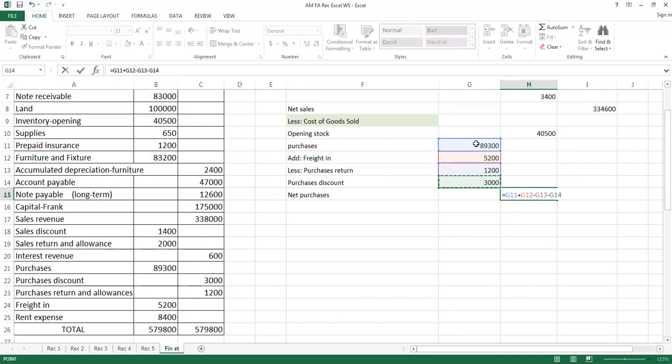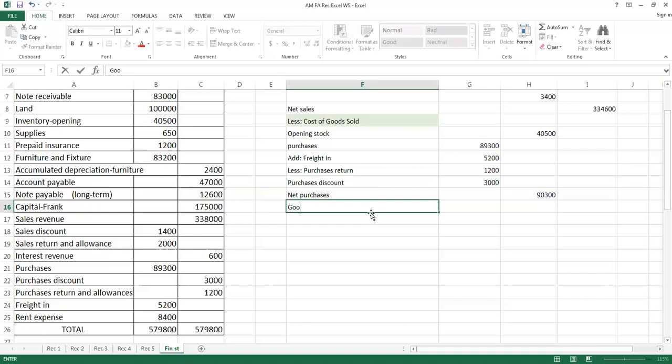So this is the total combination in which we take purchases, we add any transportation cost that you paid, and we minus purchases returned and purchases discount. If any one information is given, naturally that would also be taken in a similar fashion. I presented maximum information that might appear in your question. So this is your net purchases.